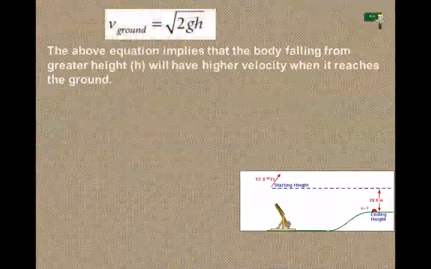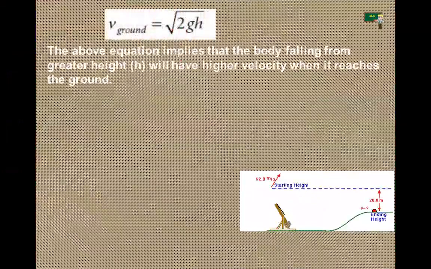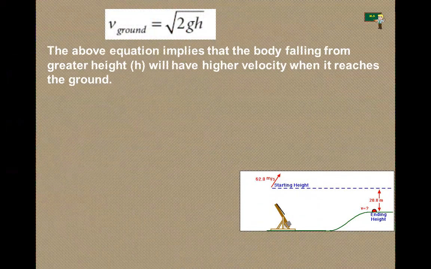The above equation implies that a body falling from greater height h will have a higher velocity when it reaches the ground. That means if you try to jump from the top of a school or college building, or from the top of a mountain, you will get higher velocity, so the damage will also be very high.